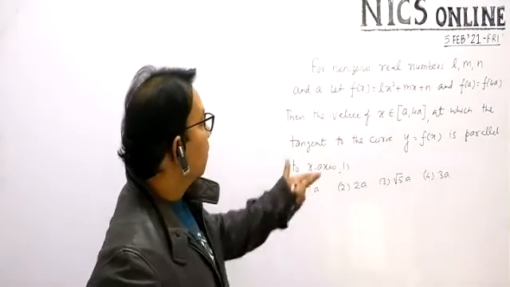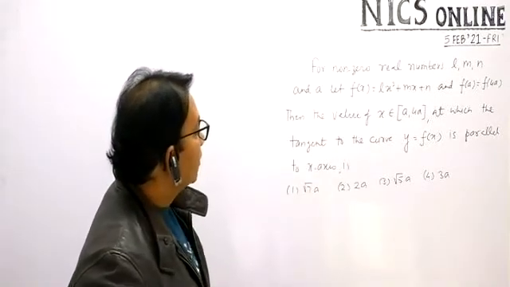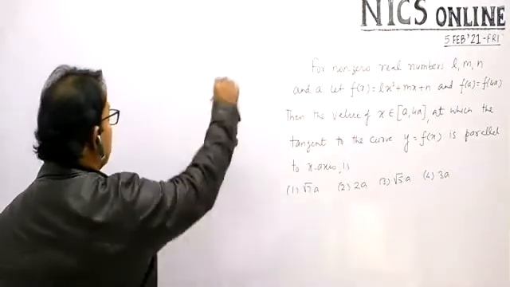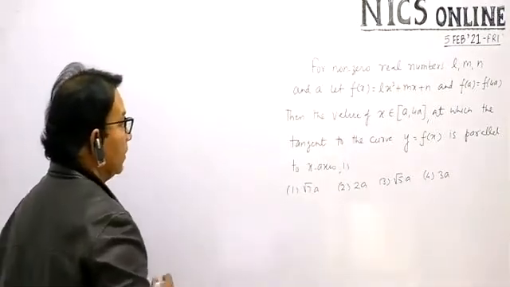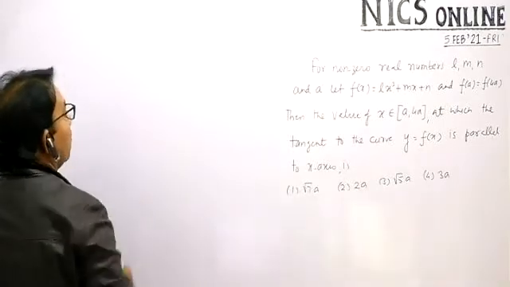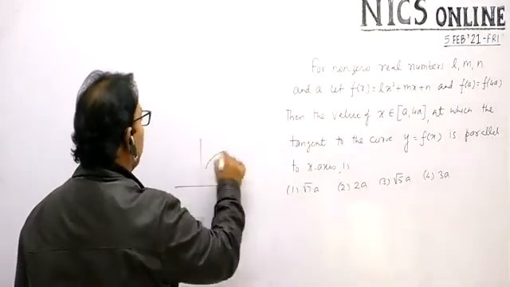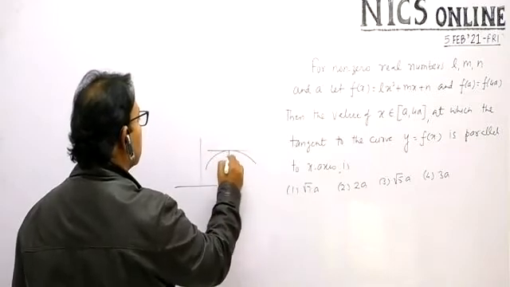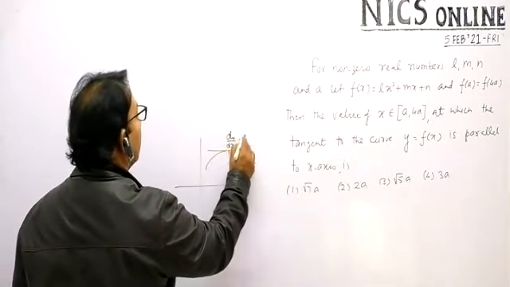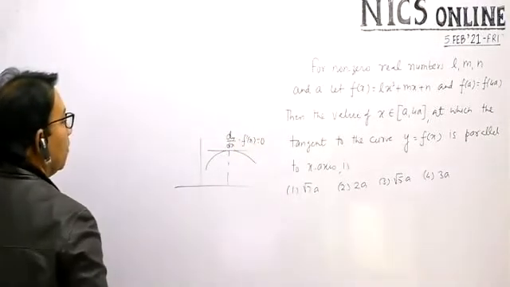And you've been given the closed interval a comma 4a, at which the tangent is parallel to x-axis. As you know, for a given curve, if the tangent is parallel to x-axis, then dy by dx or f dash x is equal to zero. You need to apply this.